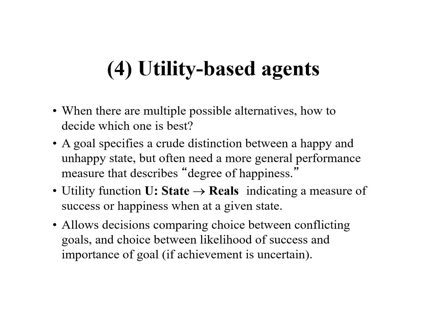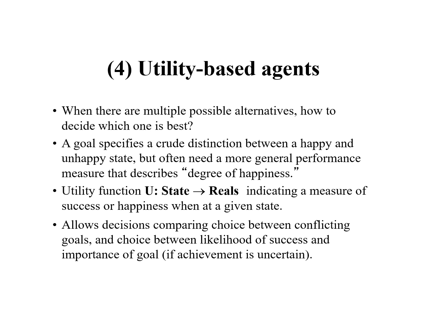When there are multiple possible alternatives, we must decide which one is the best. A goal specifies which is a happy and unhappy state, but often we need more general performance measures to understand the degree of happiness.